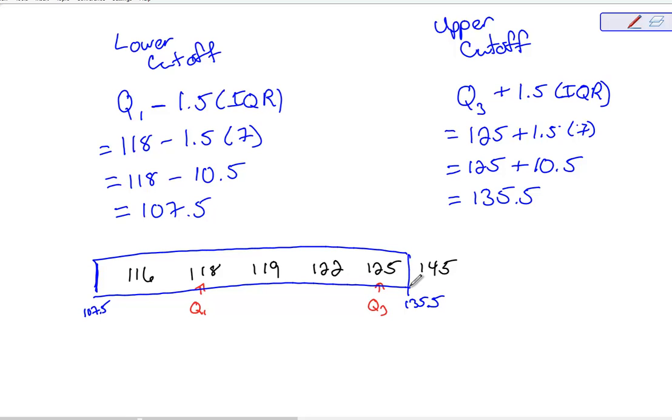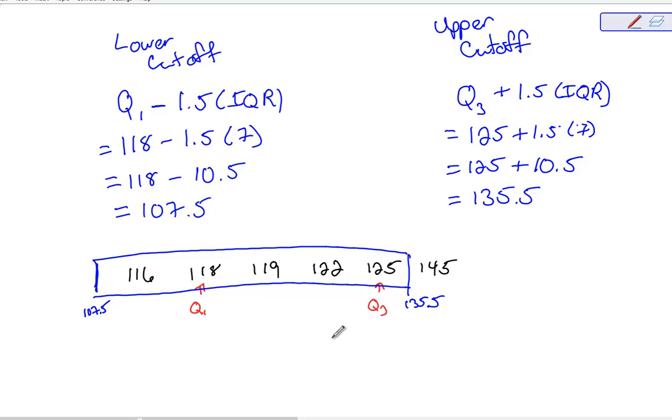Notice, one thing I want you to notice is that my cutoffs are above Q3 and below Q1. That's where they need to be, because I subtracted from Q1, making it below Q1, and I added to Q3, making it above Q3. They should be outside these two numbers.